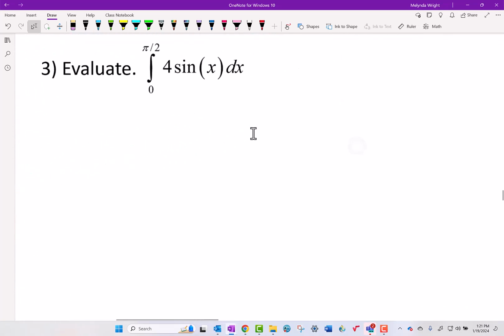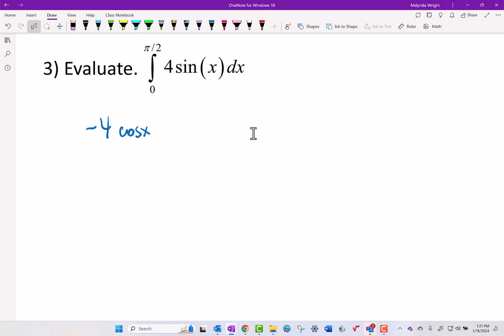So, okay, if I had taken the derivative of something and got a +4 sine, what would I have taken the derivative of? Yep, -4 cosine. Okay, -4 cosine is what I would have taken the derivative of.